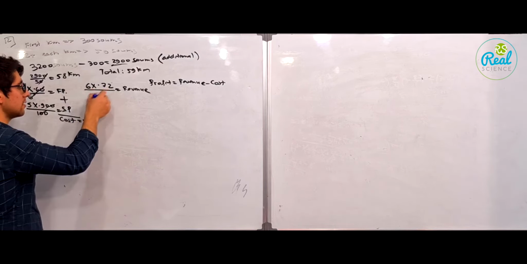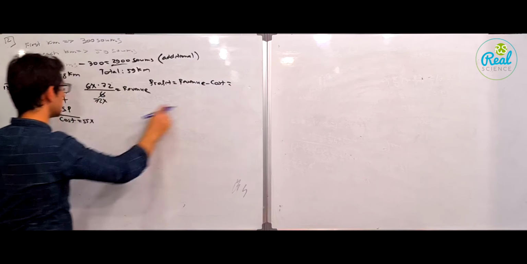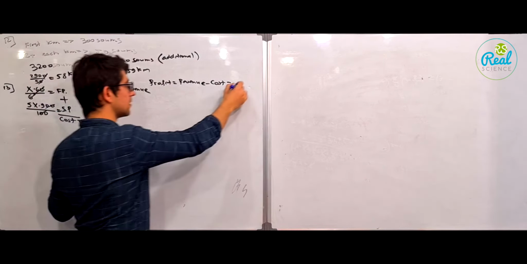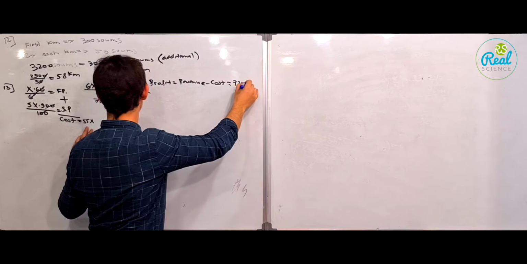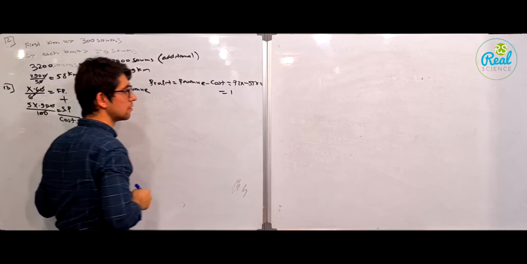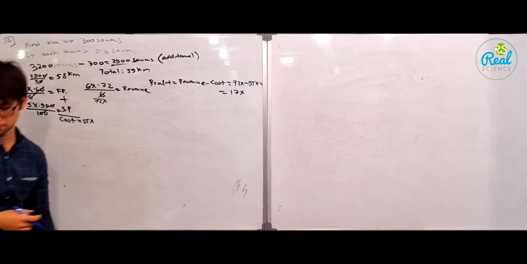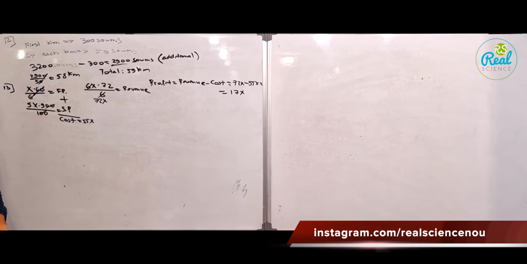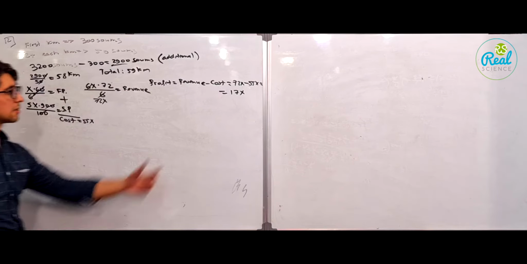So the revenue is 72x. What is profit? 72x minus 55x equals 17x, right? 17x.